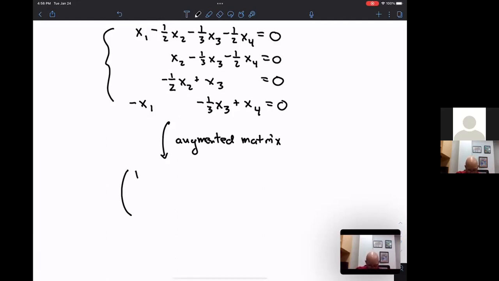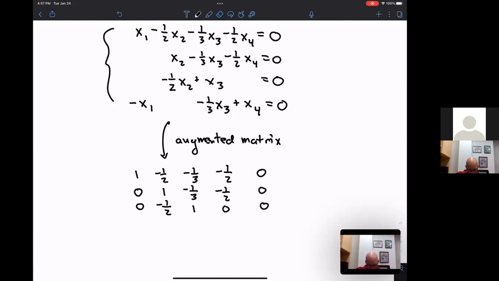So: 1, minus 1/2, minus 1/3, minus 1/2, 0. Now there are 0 x1s: 0, 1, minus 1/3, minus 1/2, 0. Now 0, minus 1/2, 1, 0, 0. And one more row: minus 1, 0, minus 1/3, 1, 0. So in the end, I got a 4 by 5 matrix, 4 down, 5 across.